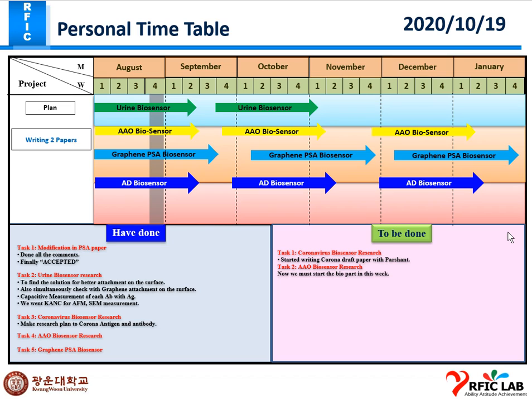And the third one is the coronavirus biosensor research paper, which will be implemented by me and Prashant, so we are already working on it. And task 4 is the AAO biosensor research. We got stuck because we used graphene oxide, and graphene oxide is very hard to do research with.